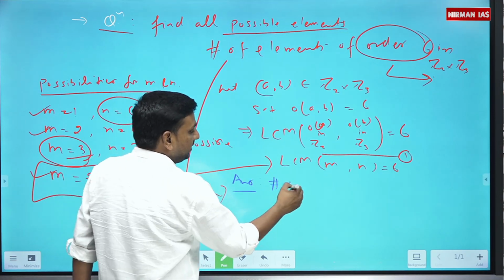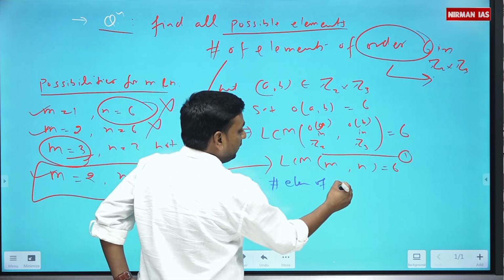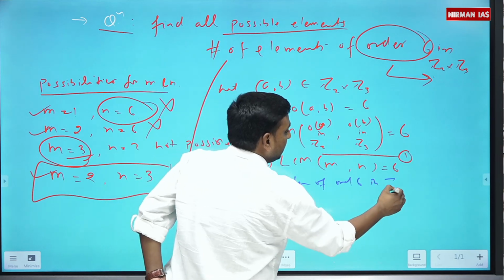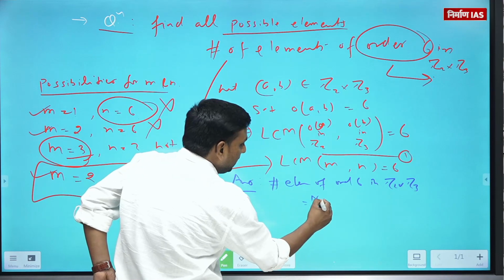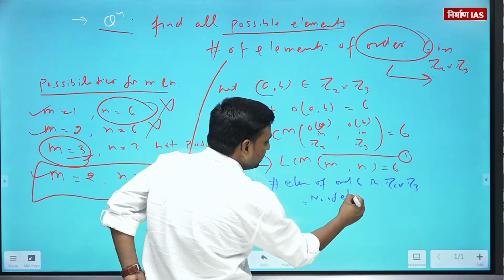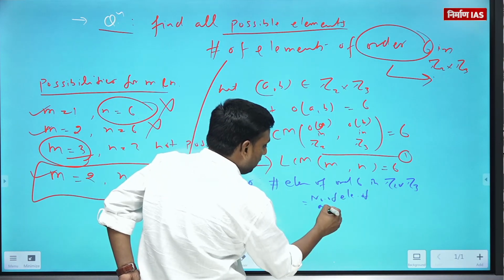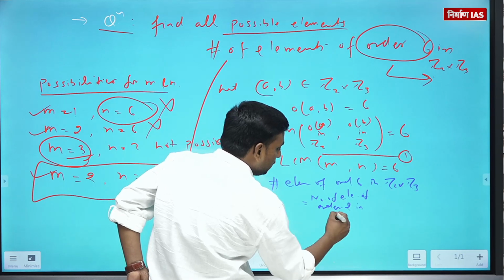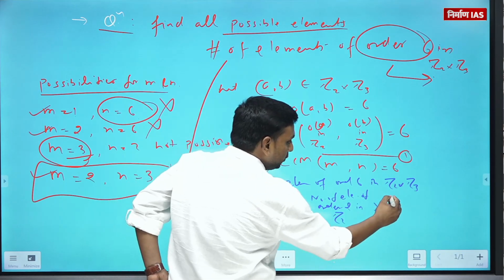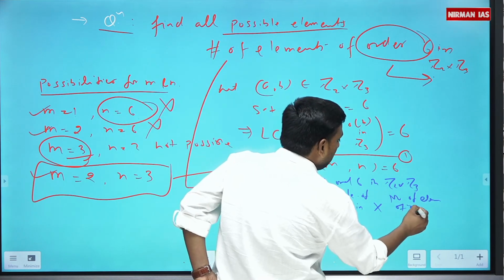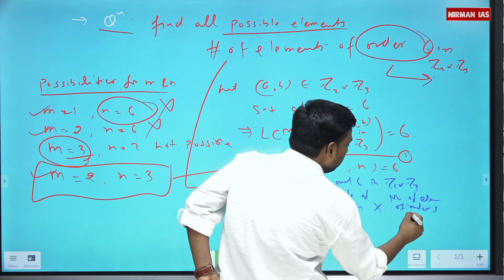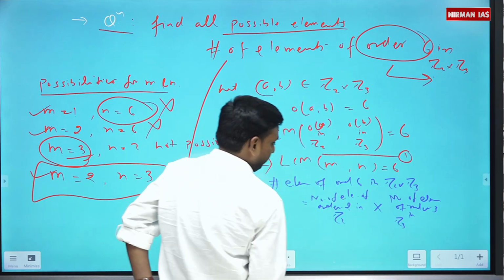The number of elements of order 6 in Z2 cross Z3 will be the number of elements of order 2 in Z2 into the number of elements of order 3 in Z3.